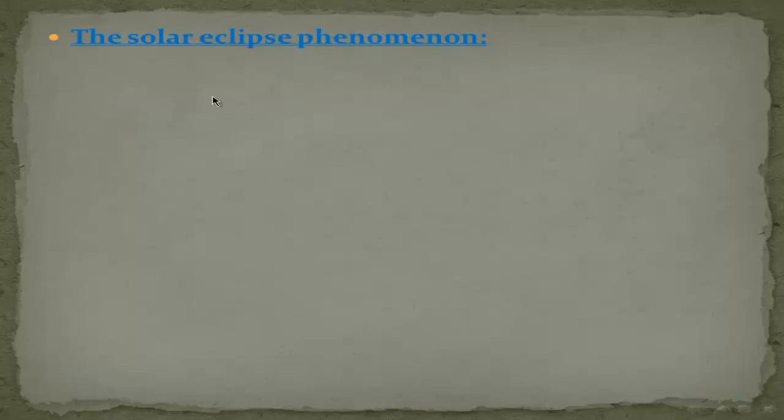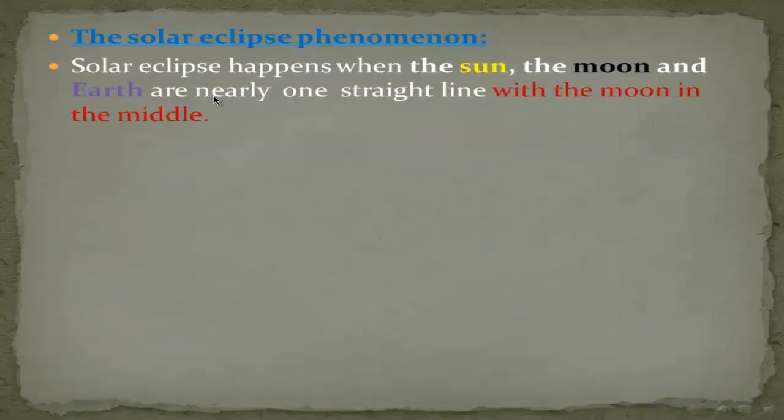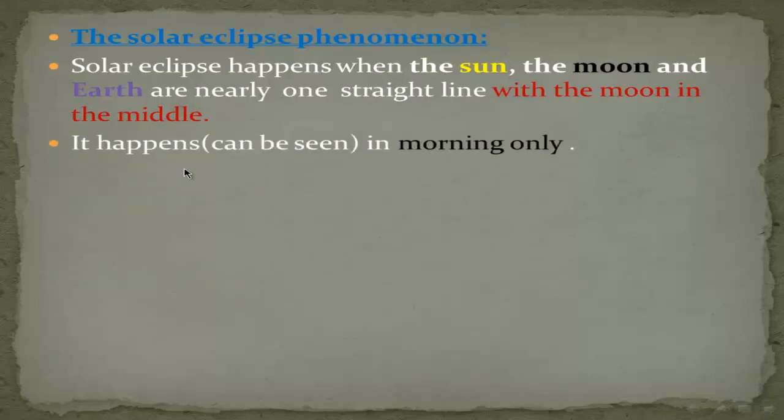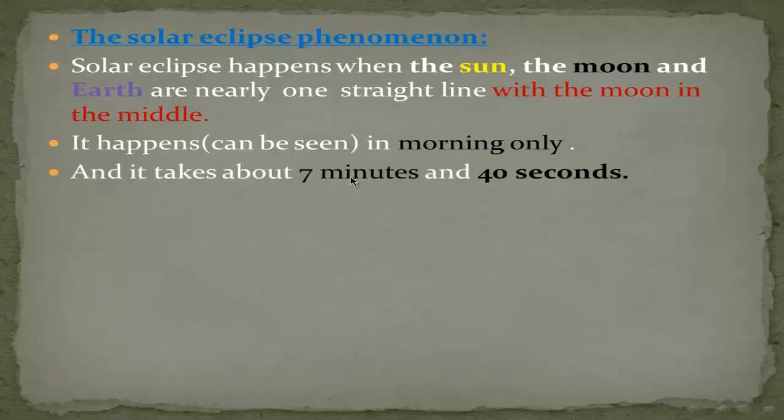The solar eclipse phenomenon happens when the Sun, Moon, and Earth are nearly on a straight line with the Moon in the middle. It can be seen in the morning only. How can we observe solar eclipse in our life?